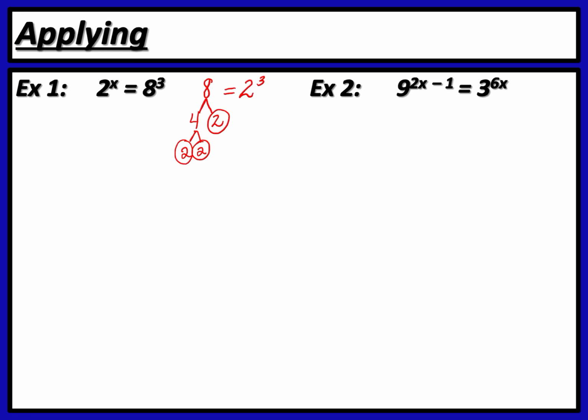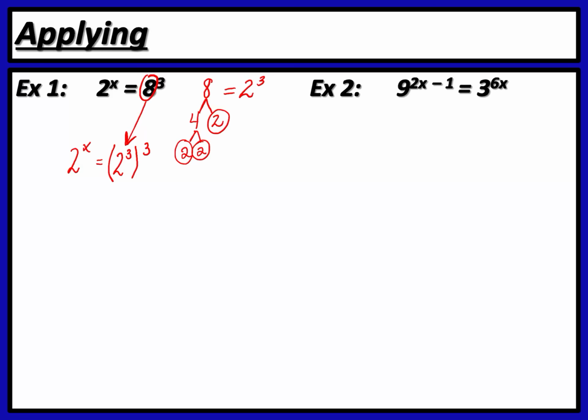So we're going to replace just the 8 with 2 to the third power, but that quantity is still being cubed. We have to keep that. And we have 2 to the x on the other side.